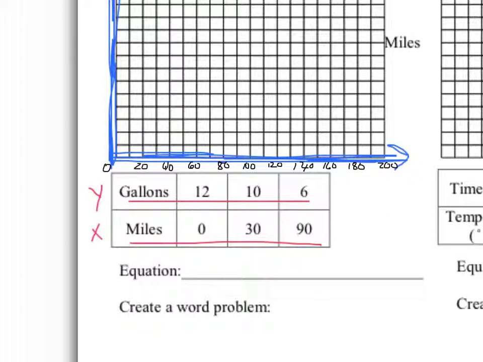Gallons. It looks like in the gallons we only have to be as high as 12, and then it seems to decrease from there. So what do we want to count by on the y-axis? Jalen? Anybody have any other ideas? 2? 2 is fine.